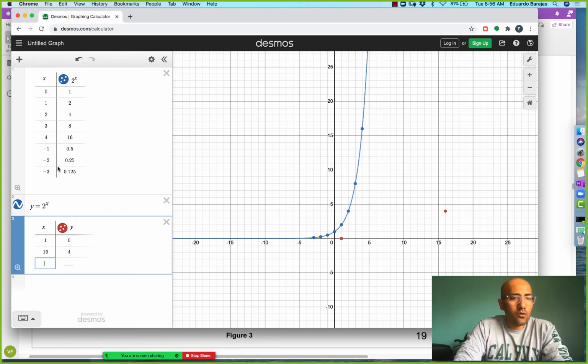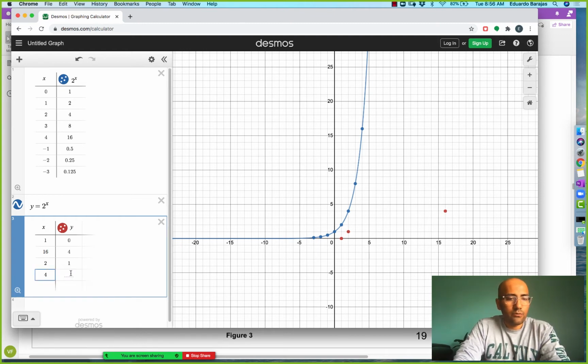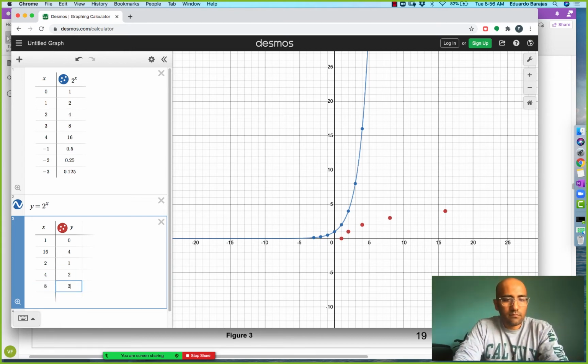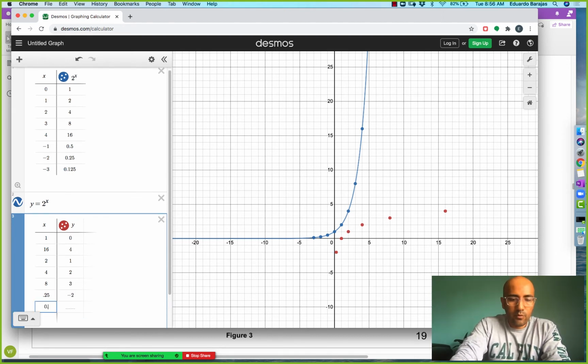Okay, so we can just go backwards to all of these and create ordered pairs. 2 should map back to 1. 4 should map back to 2. 8 should map to 3. 0.25 should map to negative 2. 0.125 should map to negative 3.